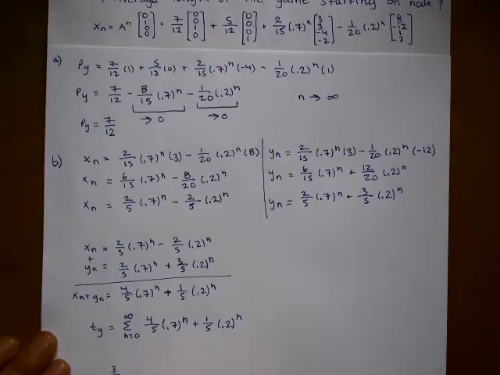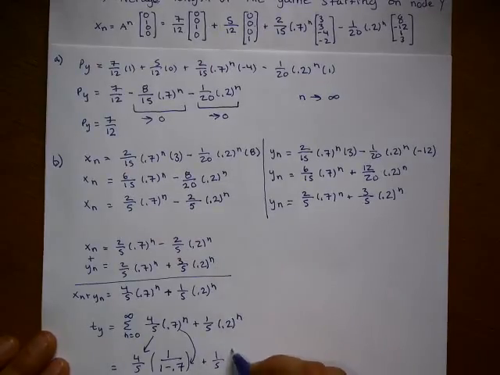So now to calculate the sum, what you do is you keep this there. Then the sum of this as n approaches infinity is going to be 1 over 1 minus 0.7. So you can see the 0.7 goes down there. And the same thing with this fraction here.